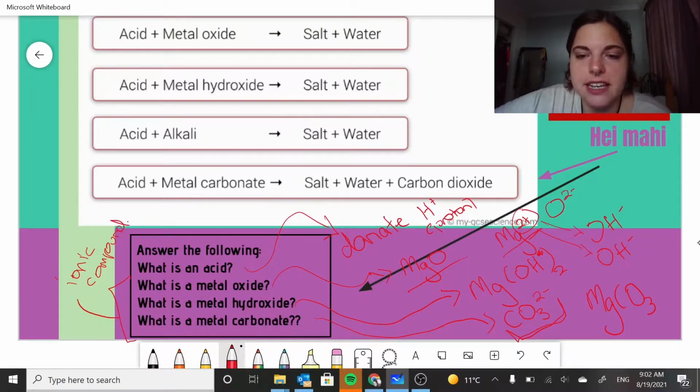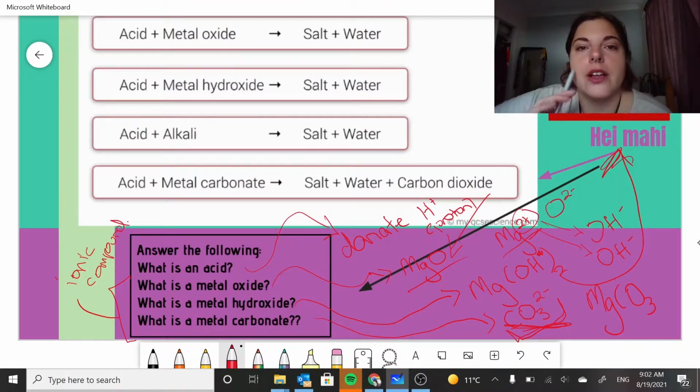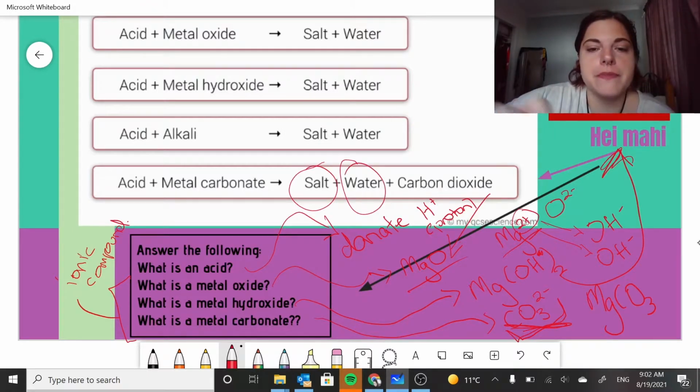So you can see now that metal oxides and metal hydroxides have no way of forming carbon dioxide because they don't have carbon in them. Anything that has a CO3, you should think to yourself, okay, when this mixes with acid, it's going to form bubbles, it's going to form carbon dioxide gas. But it's still going to form a salt and a water.